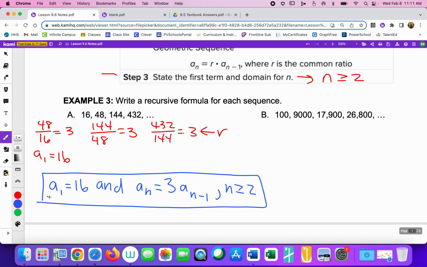So we're not splitting it? No, the sequence is already there. So this is just the reverse of what we did on 1 and 2. You're taking the sequence and writing the recursive formula. Don't overthink it. You need your first term and common ratio, or if it's arithmetic, you need the first term and a common difference. Either or.